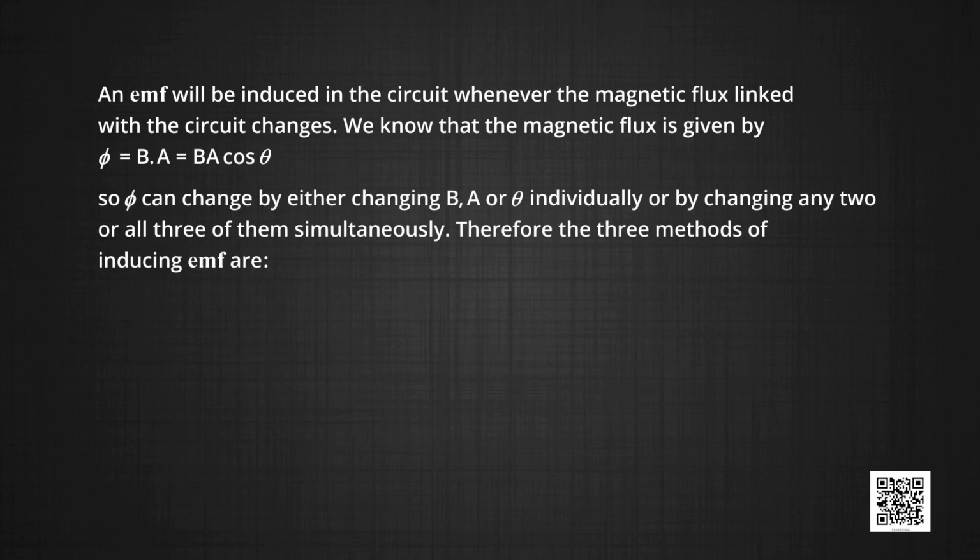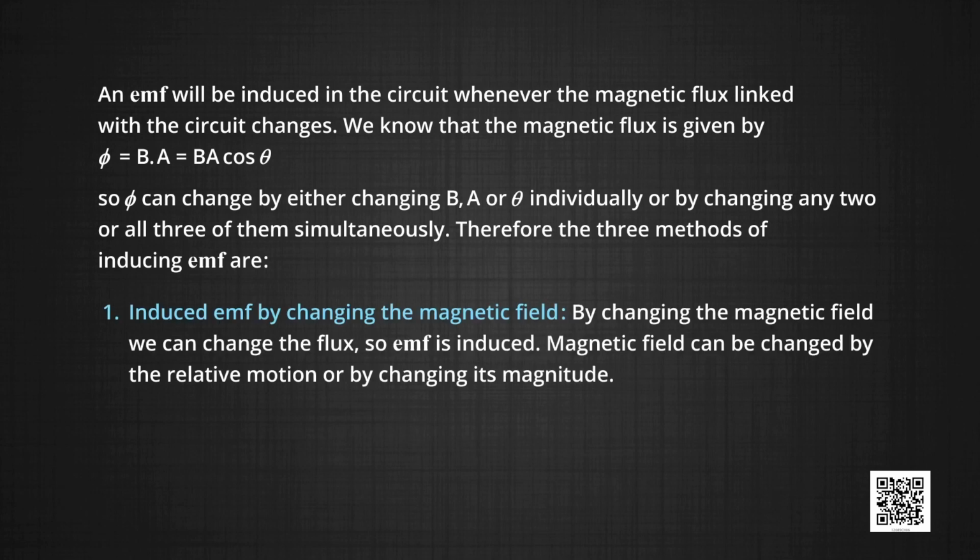So, phi can change by changing B, A or theta individually, or by changing any two or all three of them simultaneously. Therefore, the three methods of inducing EMF are: induced EMF by changing the magnetic field. By changing the magnetic field, we can change the flux, so EMF is induced. The magnetic field can be changed by relative motion or by changing its magnitude.